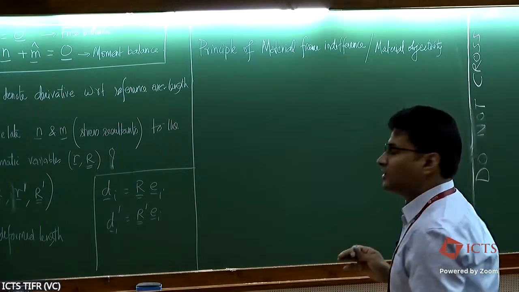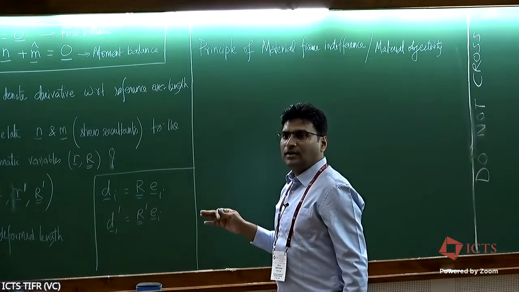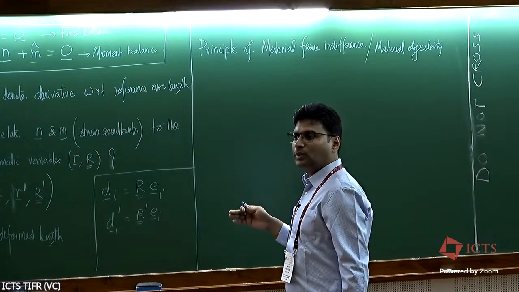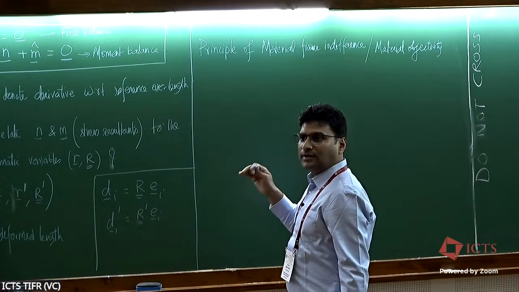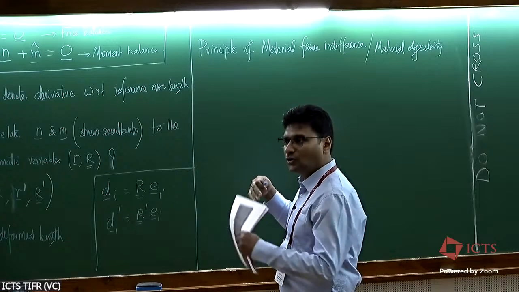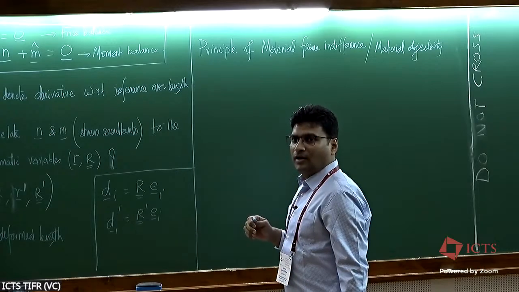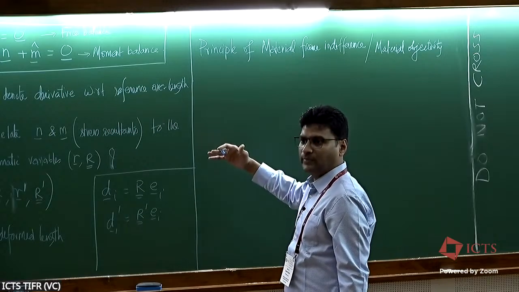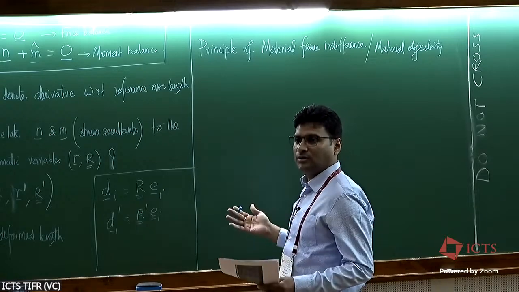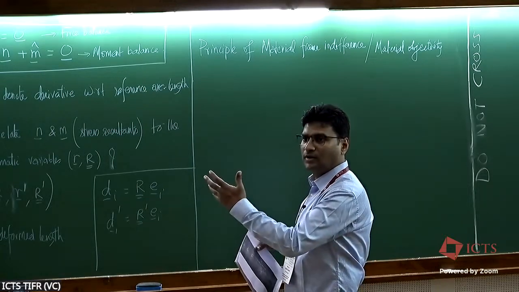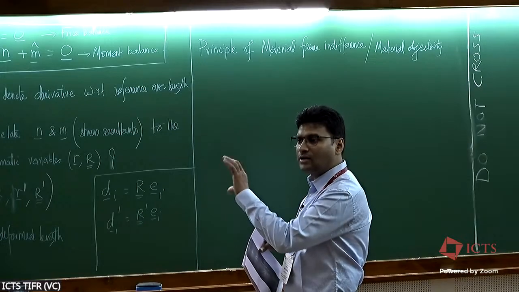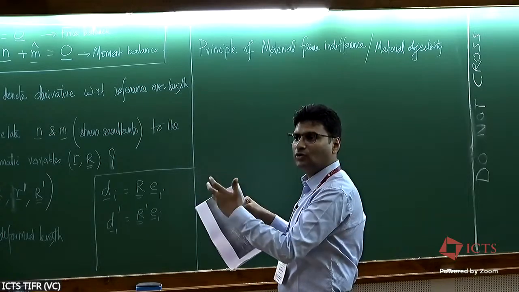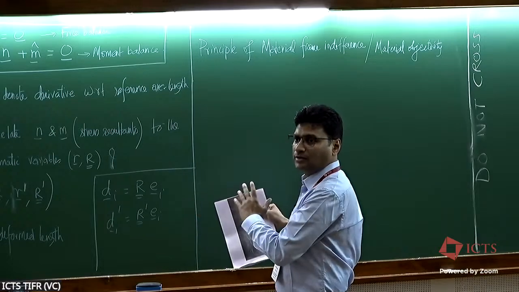So what this really says is that the energy of a deformed rod will not change if you superpose arbitrary rigid rotation and rigid translation to the deformed rod. So if you superpose rigid motion to a deformed shape, the stored energy will not change, isn't it? Because any rigid motion does not induce extra strain in the body. The strain remains the same, and therefore the energy stored will also remain the same. So that's the idea here.